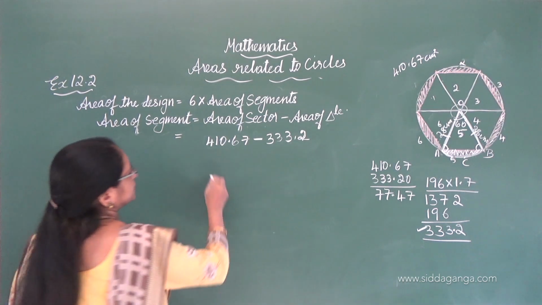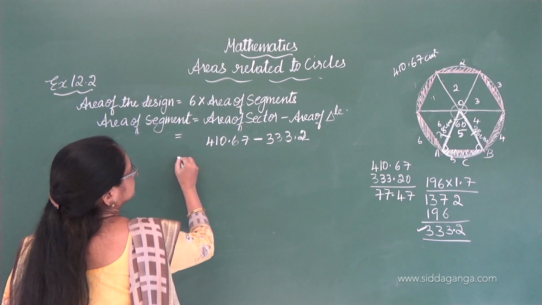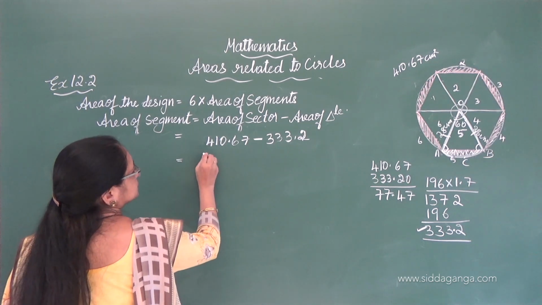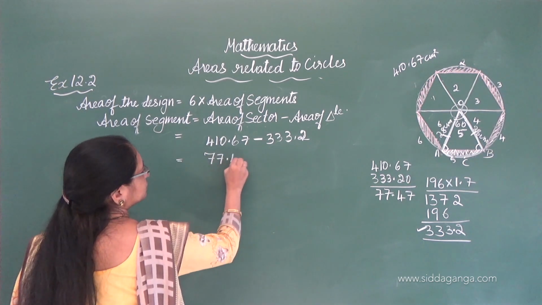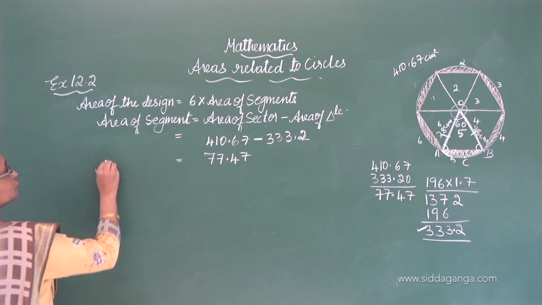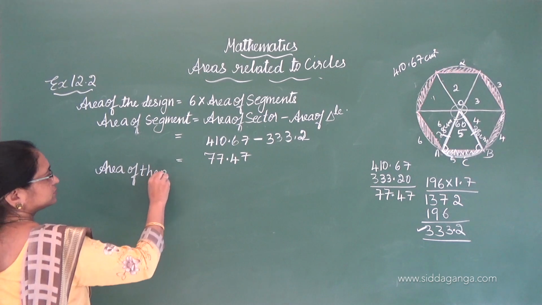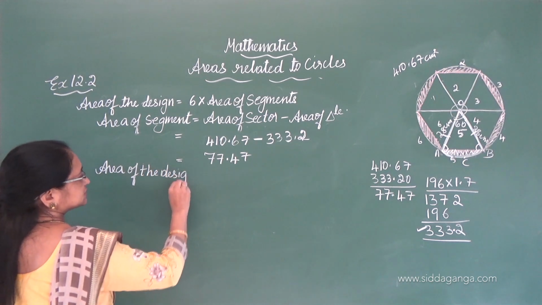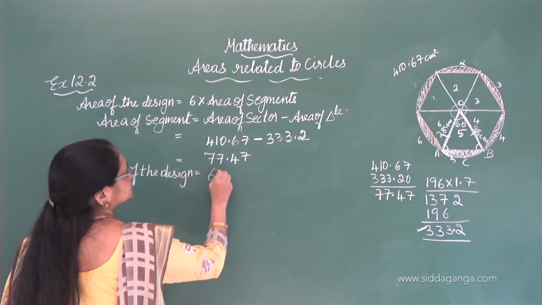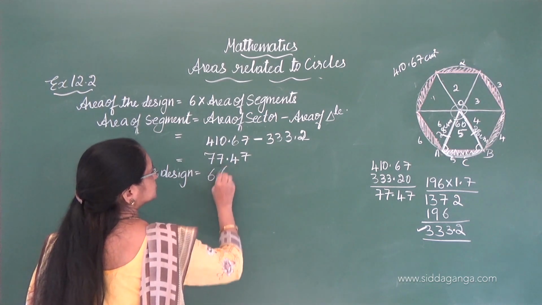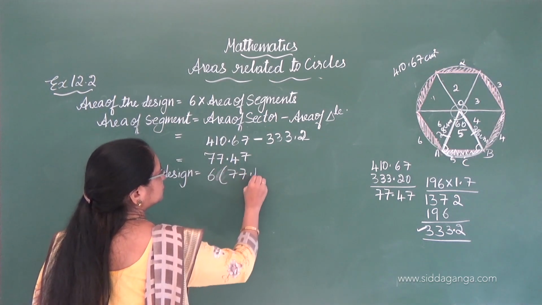Okay. Now to find the area of the design, what you have to do? Area of the design, 6 into 77.47.